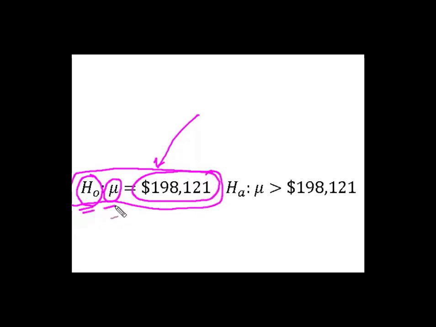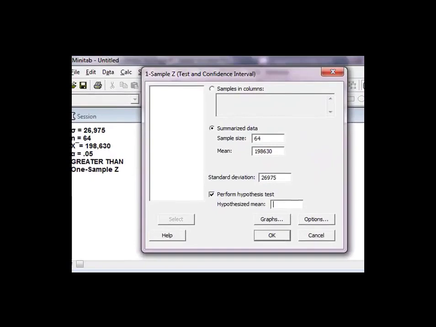So hypothesized mean equals 198,121. Back over here in Minitab, hypothesized mean, look at what we had for mu. Mu was given to us as 198,121. All I did was pick it up out of my hypothesis statement.